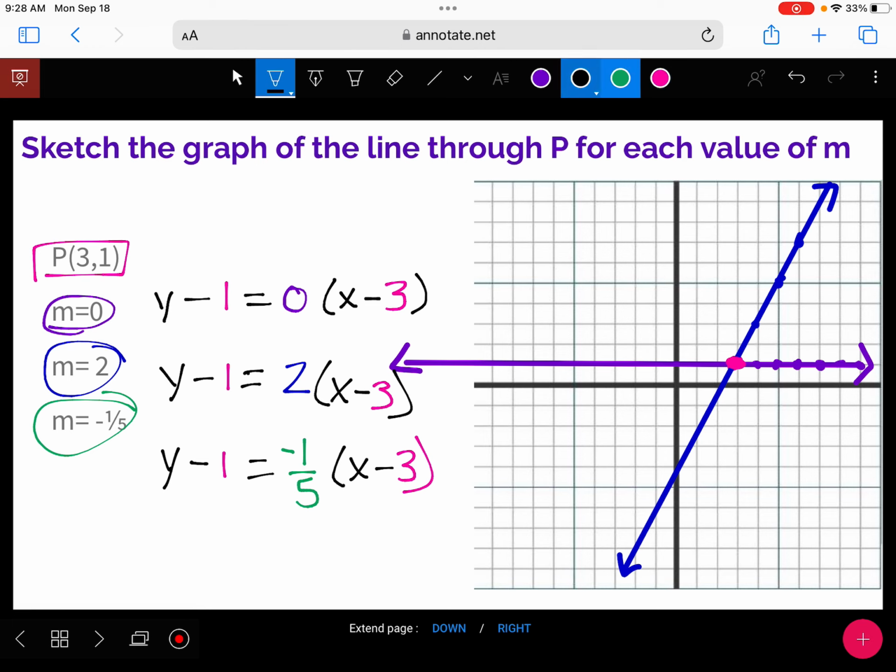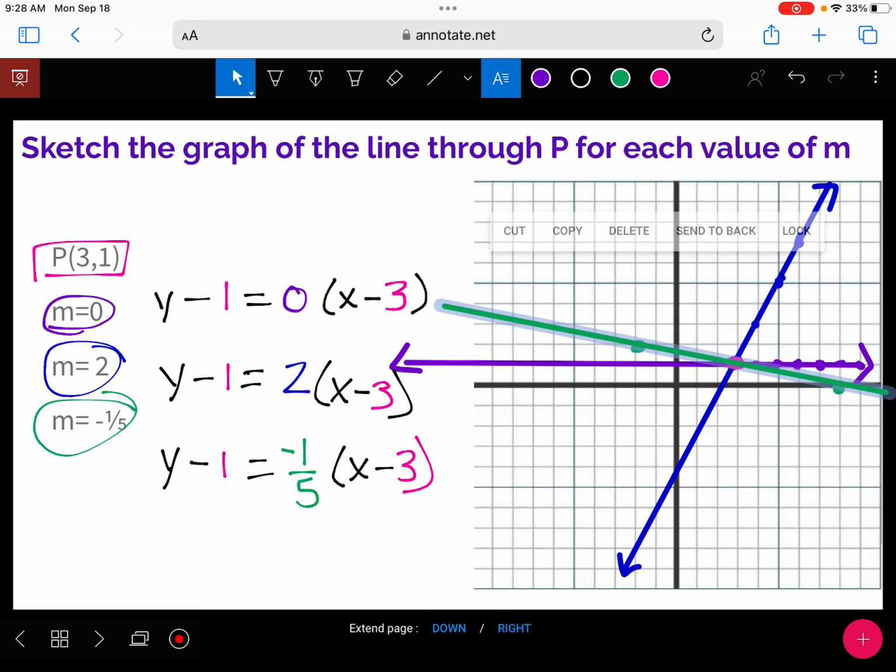Down 1, right 5. 1, 2, 3, 4, 5. Or I could go up 1, left 5. And we can see that my y-intercept is going to be gross. I believe it's about 2/5 or 3/5 or somewhere around there.